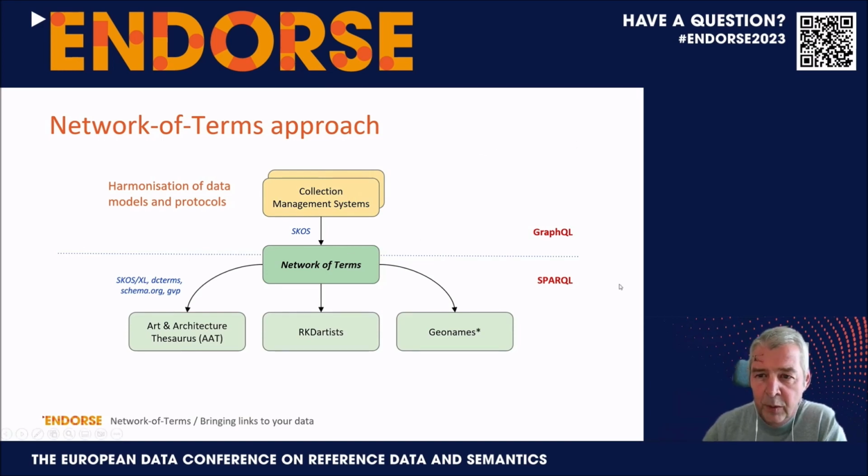And we chose to use GraphQL for implementation. So that's a very popular, well-known API. And we use SPARQL API at the back end to query all the different sources. And the federated querying is being done using the Comunica framework, which is being developed by Ruben and colleagues from the University of Ghent.